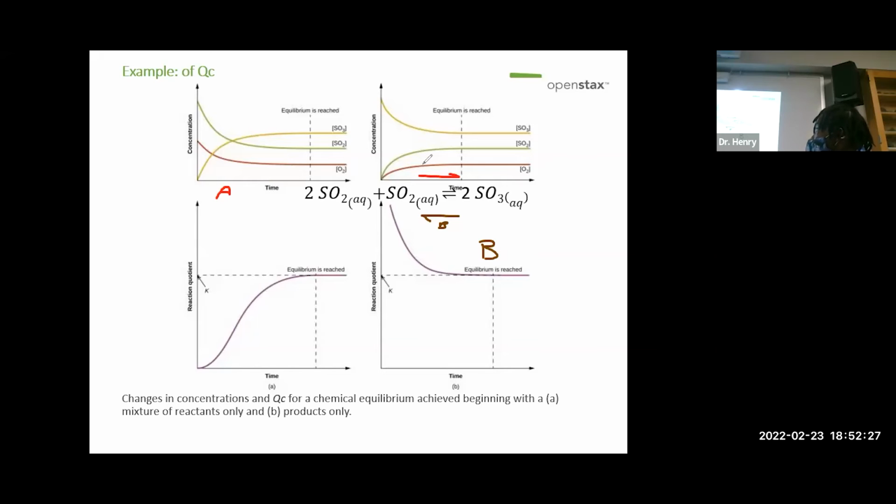But the thing is that both of these are happening at the same time. In theory, they're both happening at the same time. If you have one starting from one side, it's going to be pushing the other one, although you're going to have a little bit going back toward the formation of that. But the drive this way is going to be greater than this way until it reaches equilibrium. At equilibrium, they're going to be balanced.